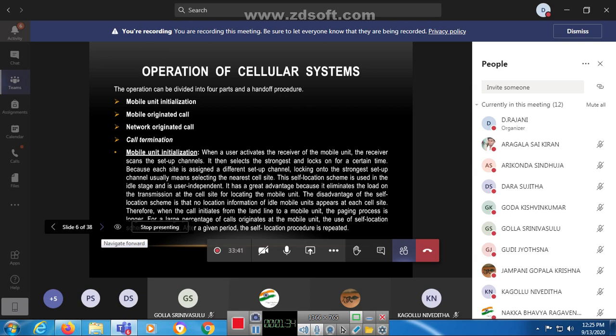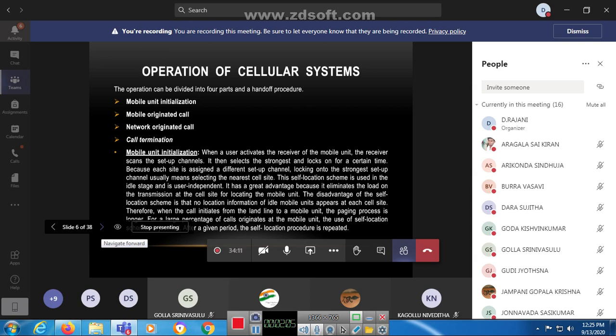That means the first user initiates the mobile unit. For example, one person is 401 and the other is 402. 401 wants to dial 402. So 401 is the first user and 402 is the second user, where 402 is in the receiver place and 401 is in the transmitter place.